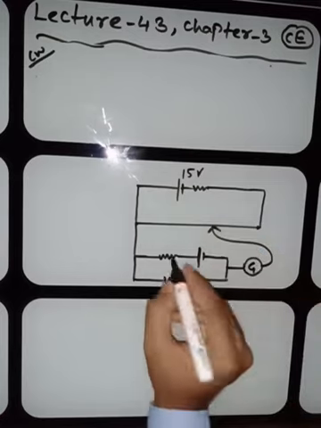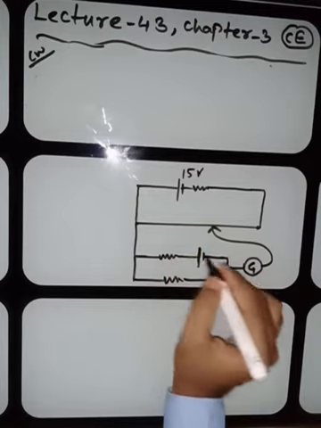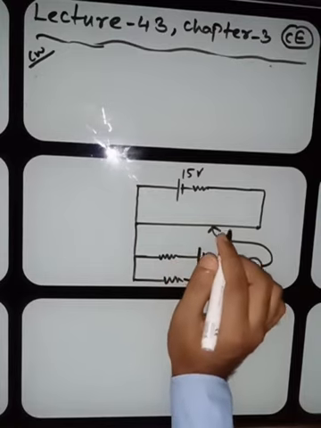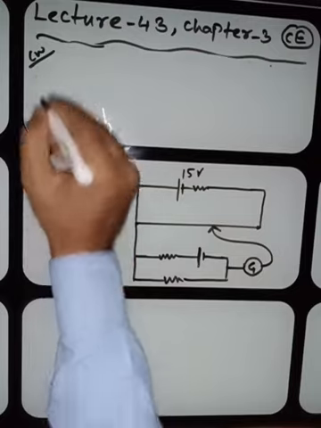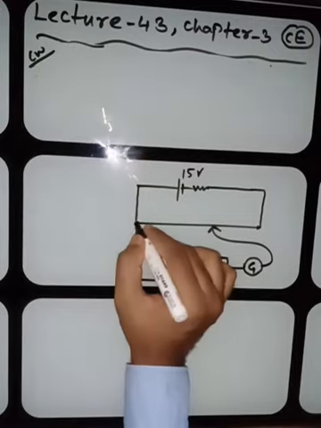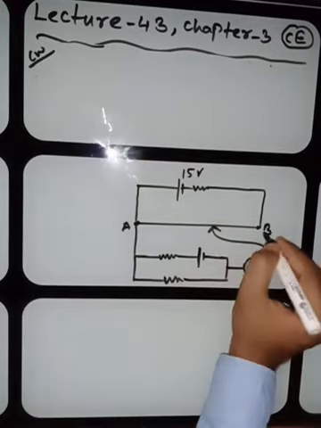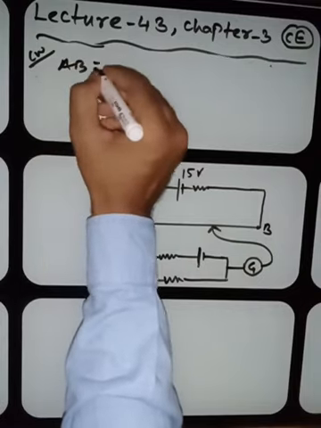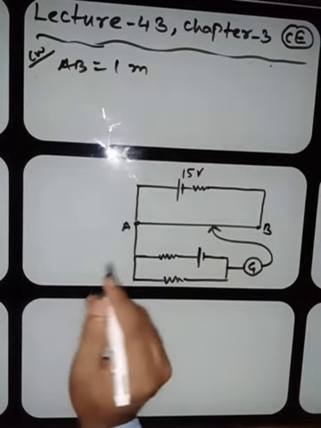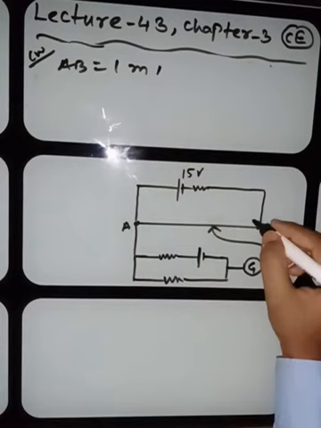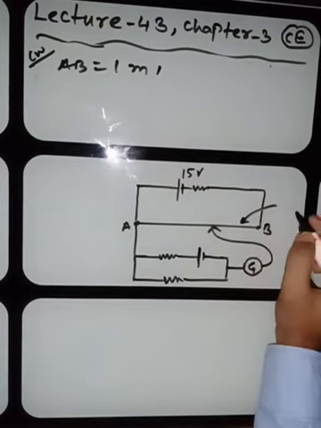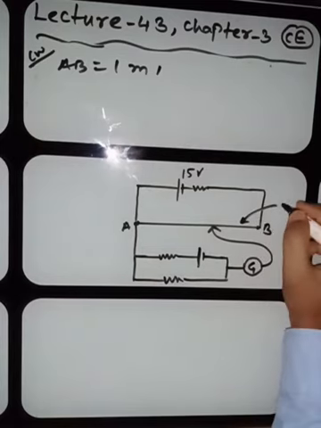This is the galvanometer, and these are the values I'm giving you. Suppose the length AB, this is A, this is B, is 1 meter. The resistance of this wire is, suppose, 10 ohm.